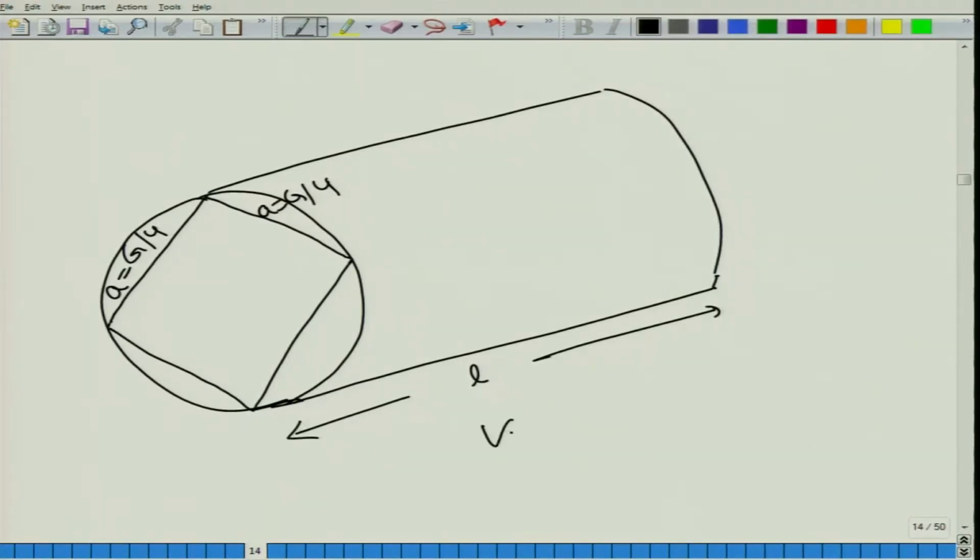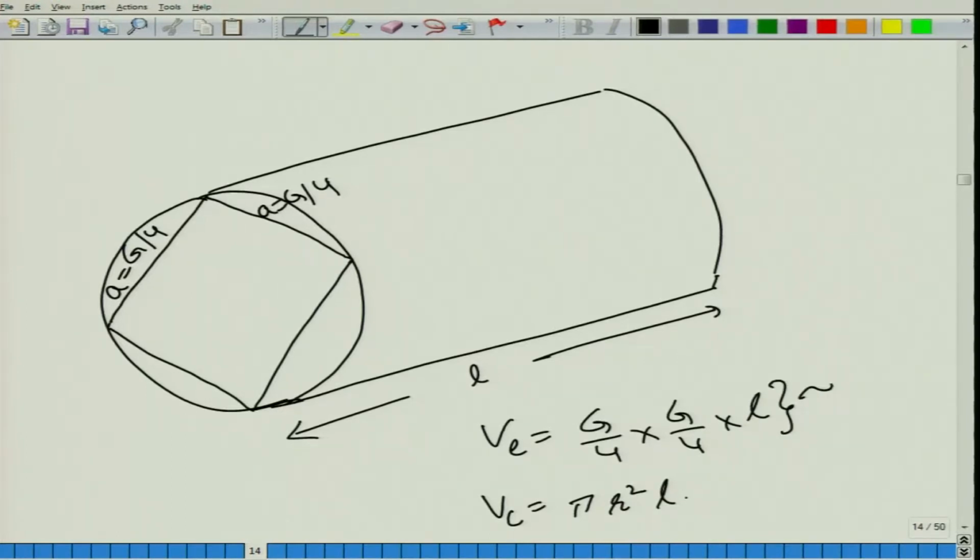The volume estimated is equal to G by 4 into G by 4 into L, and the correct volume is given by pi r square into L, and this value is approximately 78.5% of the correct volume.